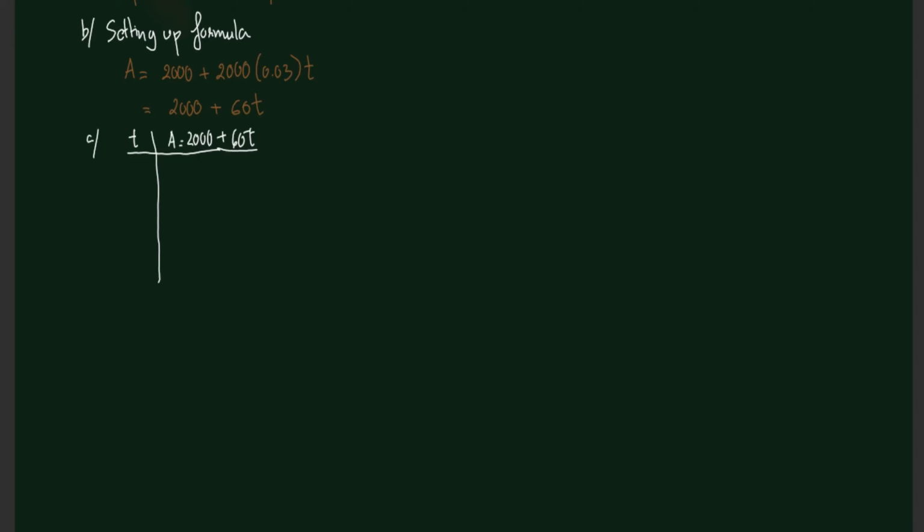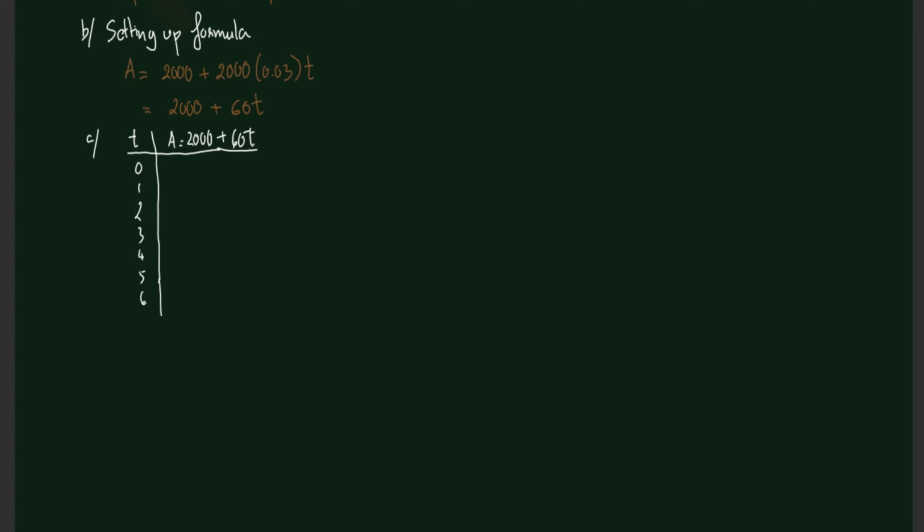T goes from 0, 1, 2, 3, 4, 5, and 6. So they want us to fill up this table.